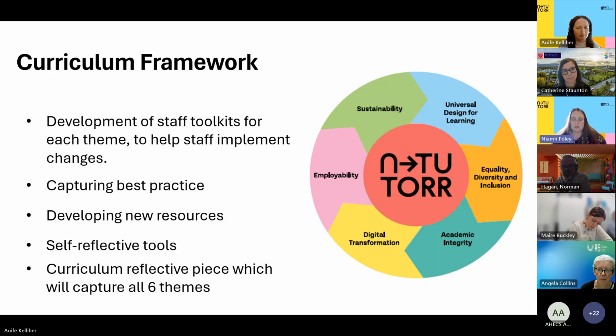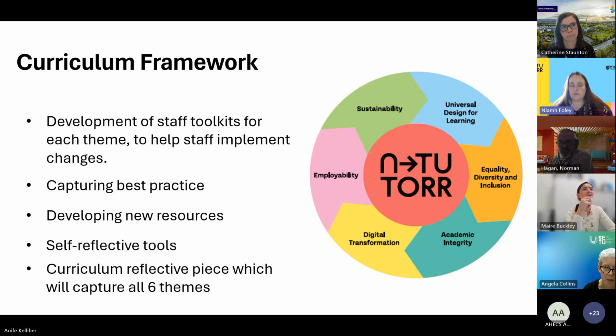We're trying to capture best practice and define what we're actually doing and how we do it, because there are so many best practices out there, and we're trying to collaborate them and develop a shared pack of resources. We're also working on self-reflective tools for programmatic review, new program development, and looking at our own modules and programs, and how we develop these themes into our curricula.